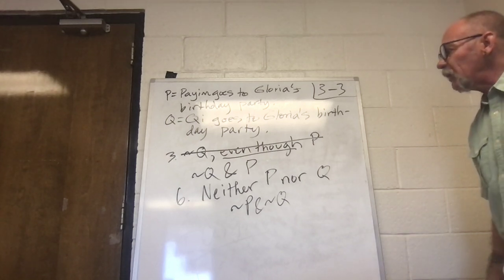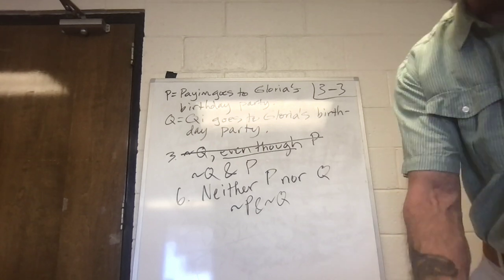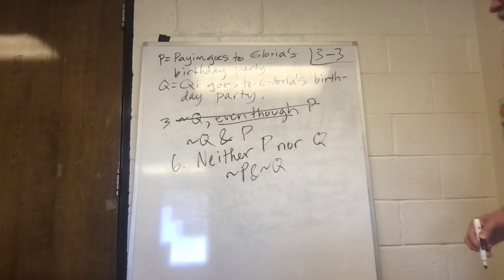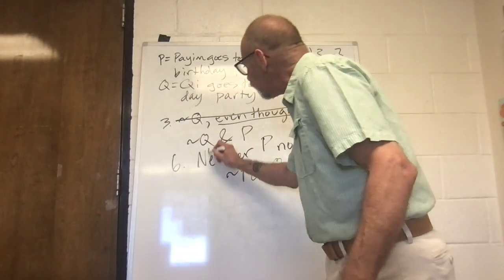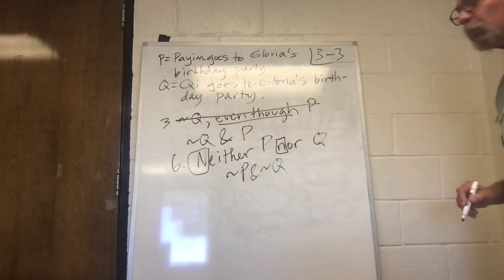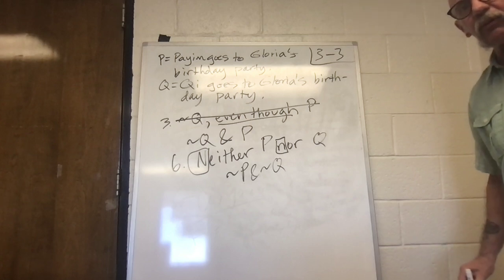Another way to understand neither-nor is as the negation of the corresponding either-or statement. It's like the N at the start of neither and the N at the start of nor are both signaling that either P or Q is false.